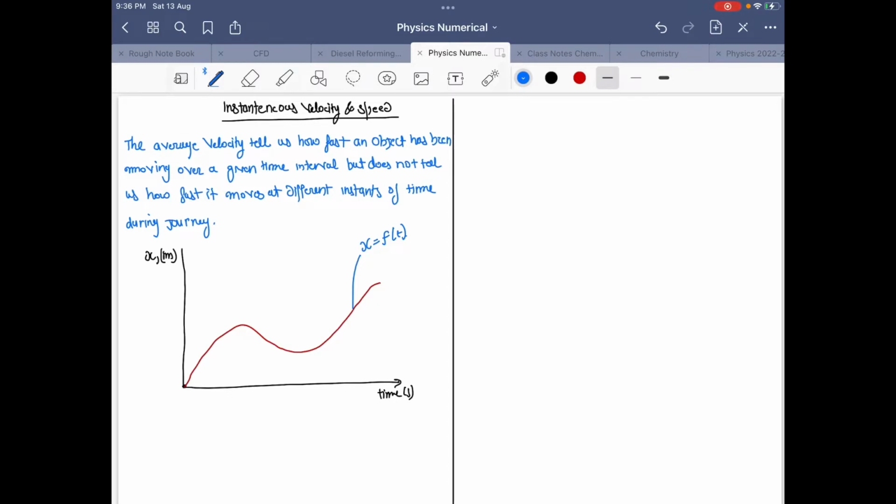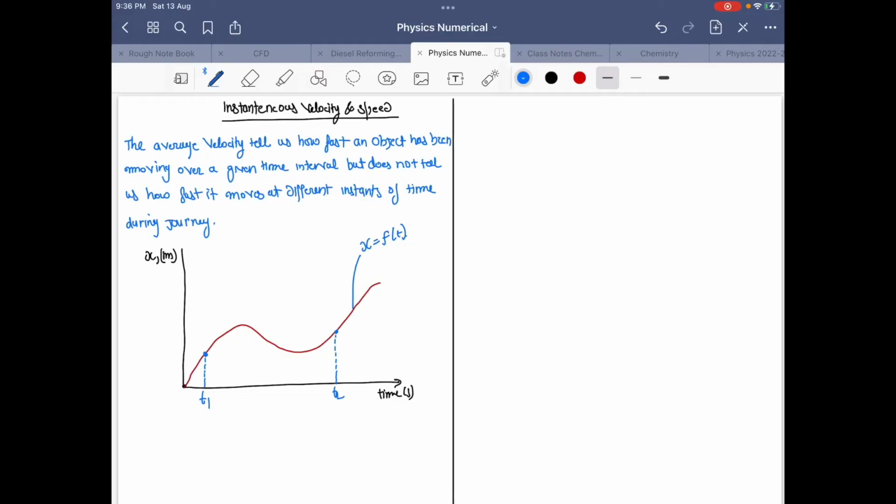Now in the concept of average velocity and average speed, what we were doing was, if we wanted to find the average velocity or average speed between these two time intervals, the first interval is this one. Suppose this is t1 and this is t2.